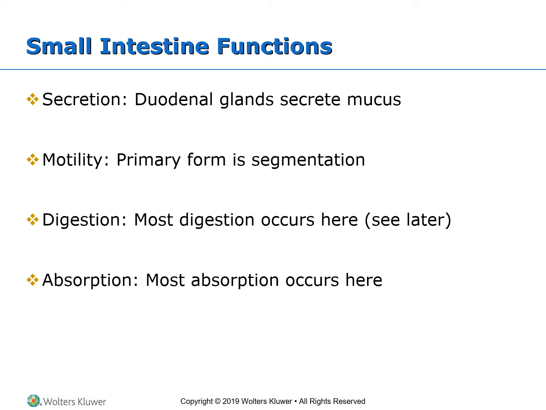In addition to that, the mucosa in the duodenum and the whole length of the small bowel will produce enzymes that will finalize the digestion of carbohydrates and proteins, and also will secrete a lot of bicarbonate, which will neutralize the high acidity of the chyme coming from the stomach along the way of traveling through the small bowel.